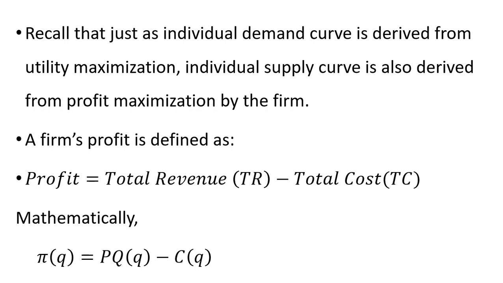So instead of capital Q, it should have been P small q into bracket q, meaning total revenue is a function of output q, minus cost, which is also a function of output q of the firm.